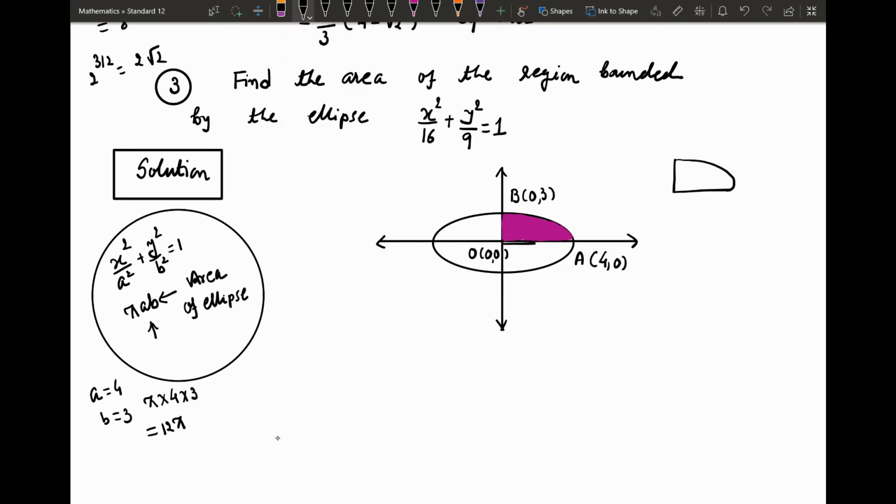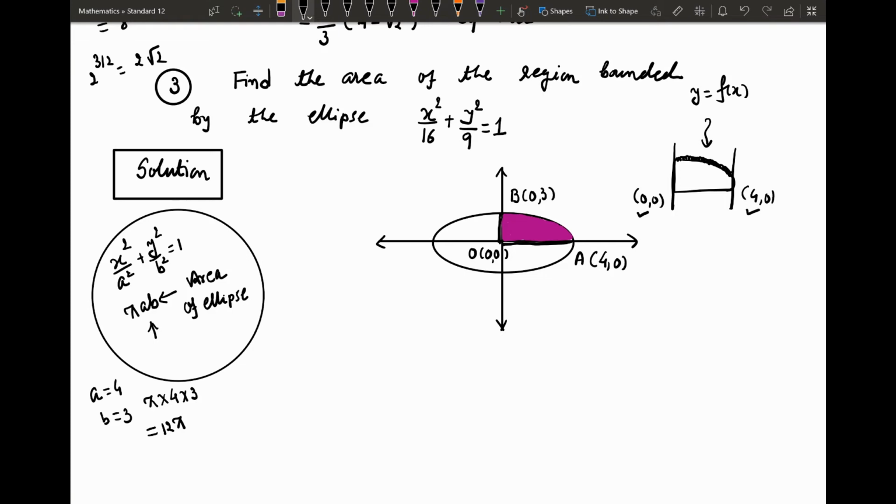This is the x-axis, as a to b, here the coordinates are the origin 0, 0 and 4, 0. So as a to b we will use the limit 0 to 4, and from the equation of this curve we will get y as a function of x. That is, from the equation of the ellipse we have to get an expression for y.